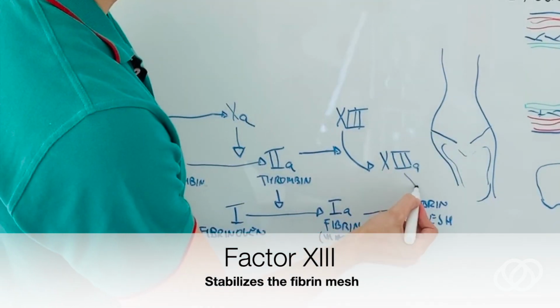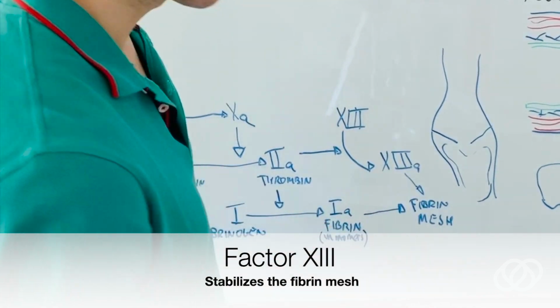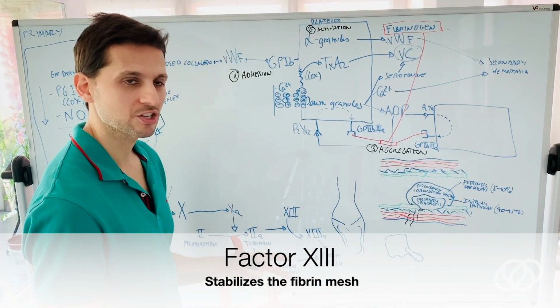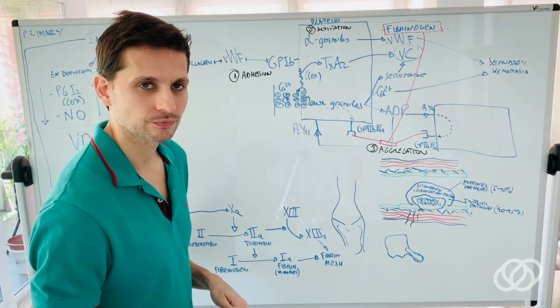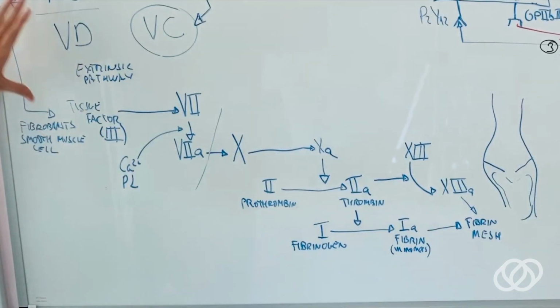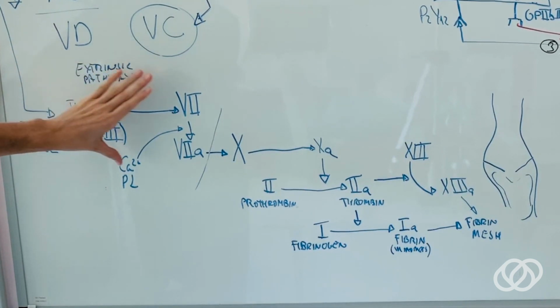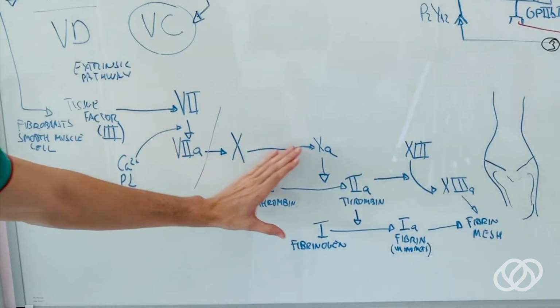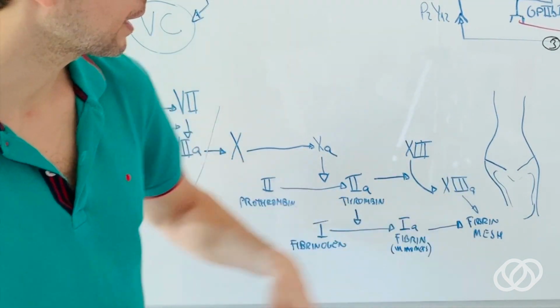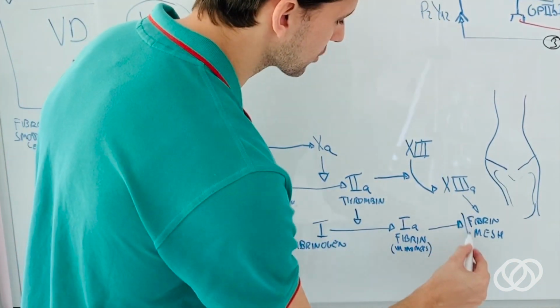This activated factor 13 really stabilizes the fibrin mesh and allows the proper aggregation. So up to now we have this extrinsic pathway, and then the combined pathway to get finally to the fibrin mesh.